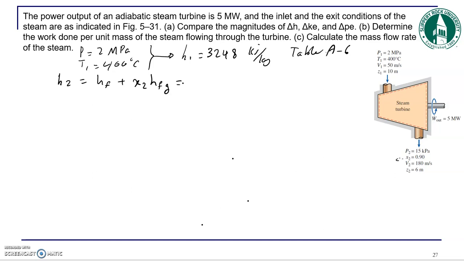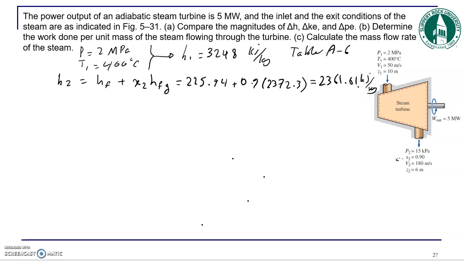So you can read the Hf from the table, 225.94 plus 90%, and Hfg is also from the table, which is 2372.3. The result is basically 2361.01 kilojoule per kilogram.